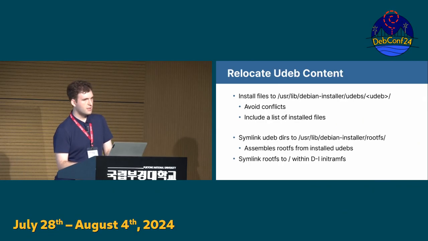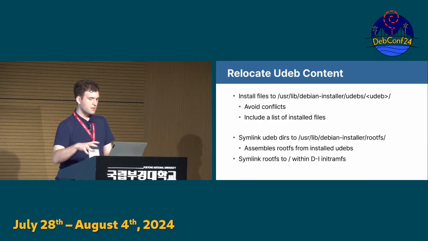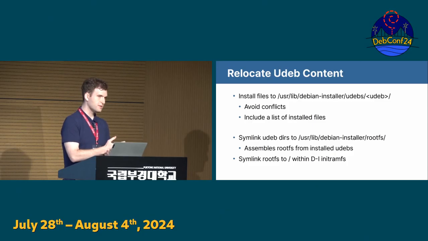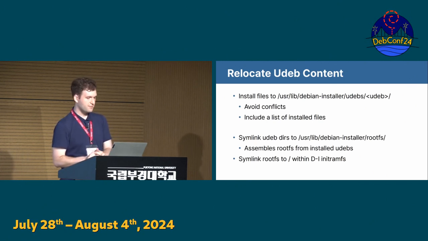Then what we have left is a conflict between udeb content and Debian proper files. Since DI is an operating system, it installs things under its own root, and the udeb version of a package conflicts with the non-udeb version of that package.